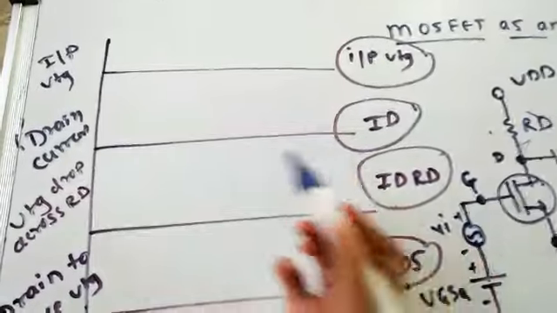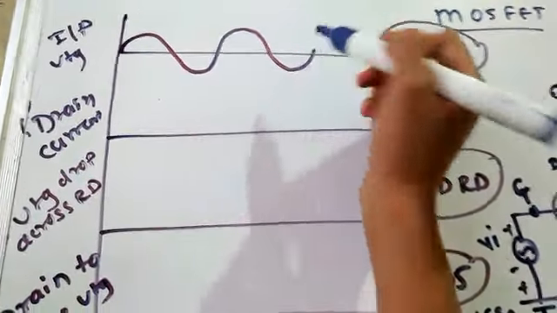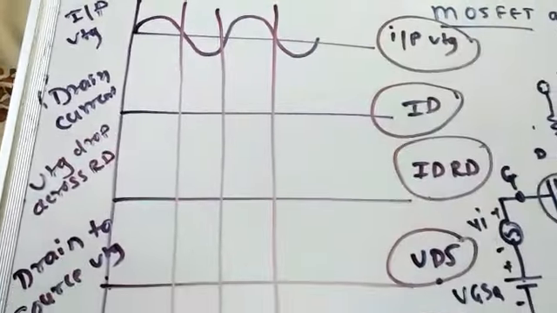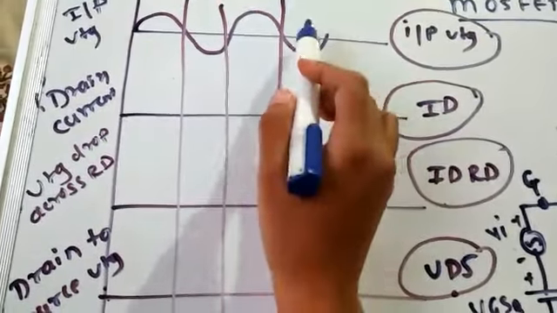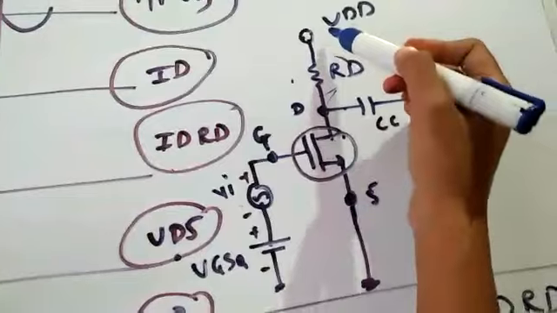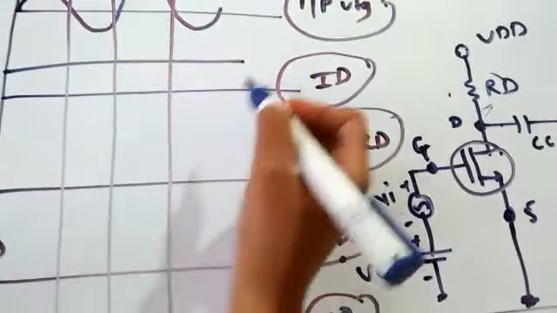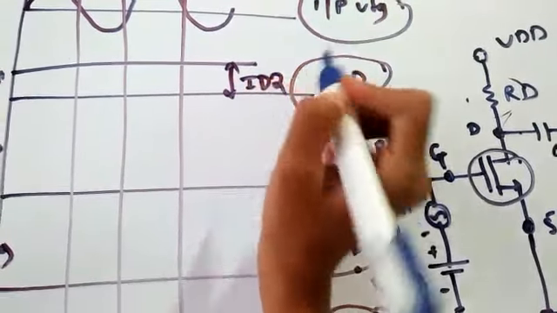Now, this is the AC input which we want to amplify. Take the projections here. This is an AC signal, but due to this VDD, we have some DC ID here, and that will be denoted with the letter IDQ.